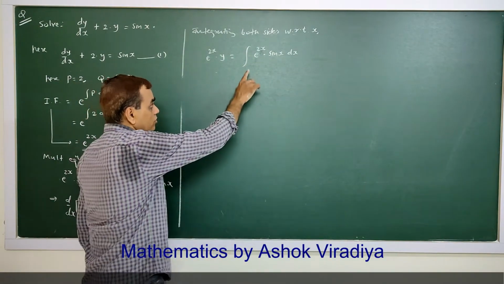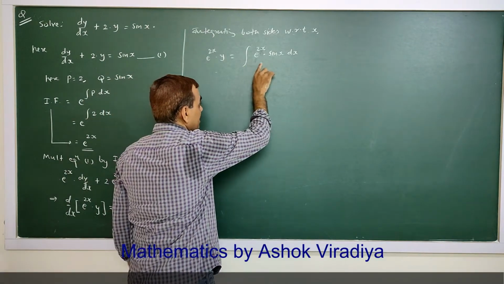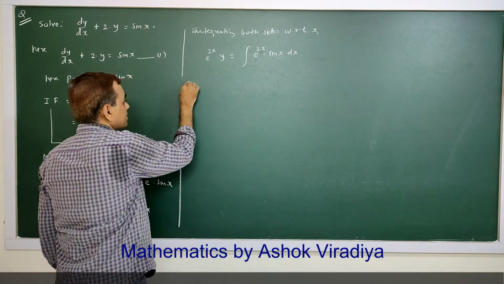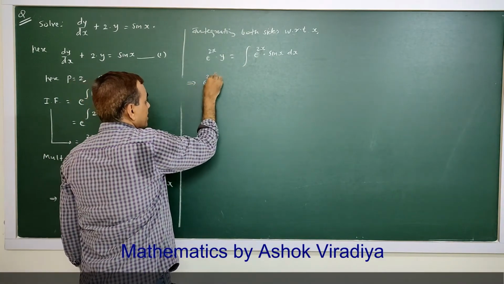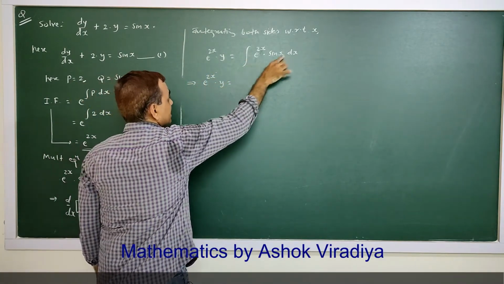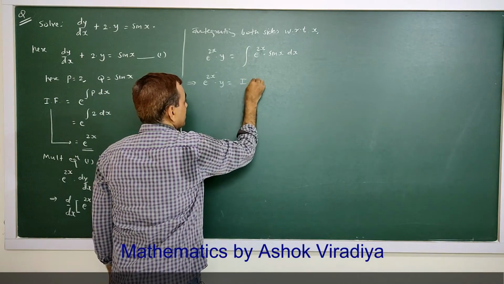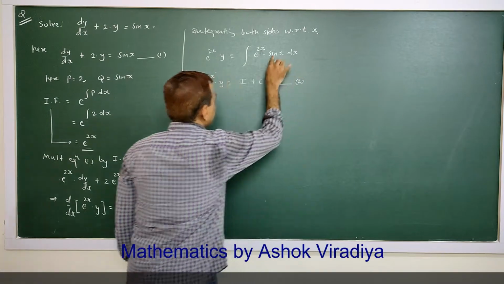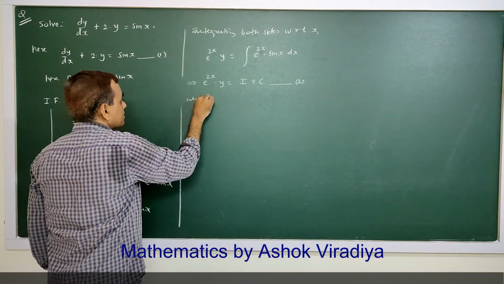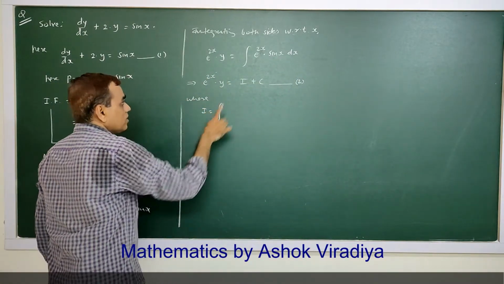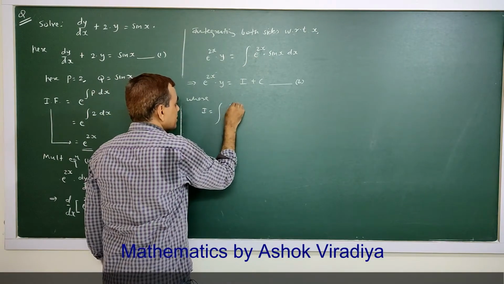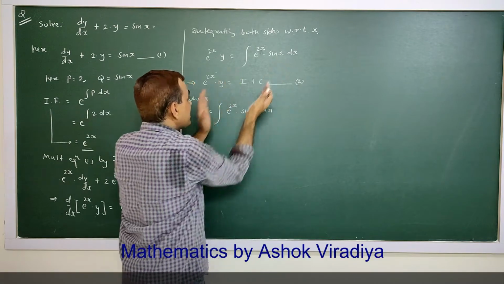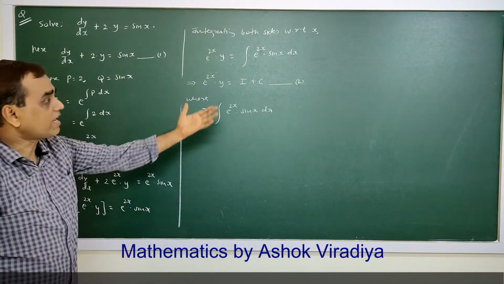Because this will be a slightly lengthy procedure, in this equation e raised to 2x into y equals, suppose its integral is I plus c, where I is equal to integral of e raised to 2x into sin x. So we separate RHS to get the integral for RHS.